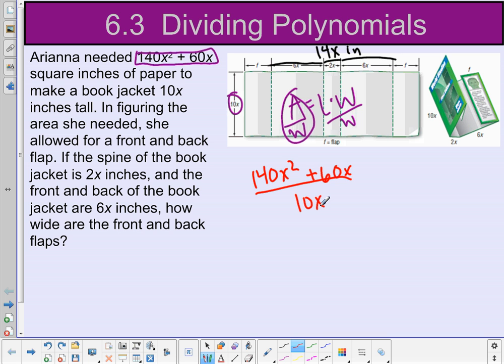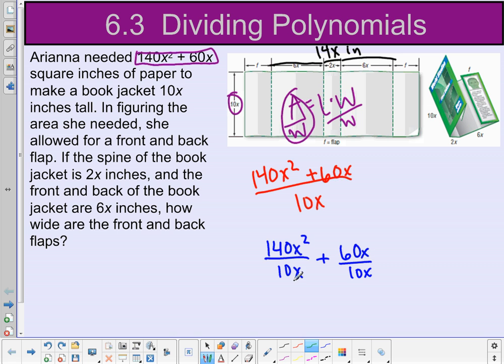Well, when I divide by monomials here, I need to make sure that I divide each term by the denominator. So it's kind of like splitting that into two fractions. I have 140x squared divided by 10x, and I have 60x divided by 10x. And then I can simplify those.